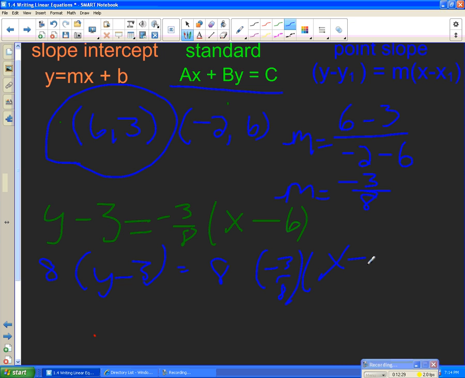Okay, so here I'm going to have 8y minus 24 equals, it does not want to cooperate. My 8's will cancel here. Now, since this cancels, this is now a 1. So I'm not going to be multiplying any of this inside of here by 8. This got rid of my denominator. So I've got -3 times x minus 6.